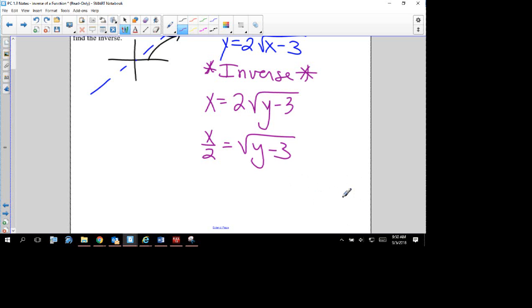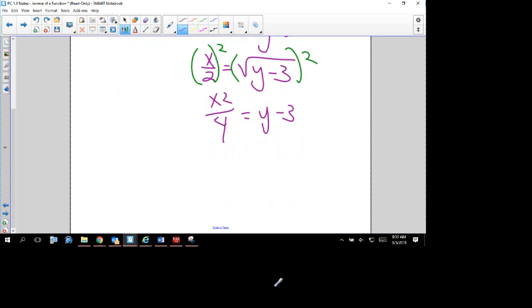Nay, do you know what to do next? Square both sides. The whole thing, the entire side. Square the whole side. So actually I have x squared over 4 equals y minus 3. And then I'll solve that for y. I'm going to get y equals x squared over 4 plus 3.